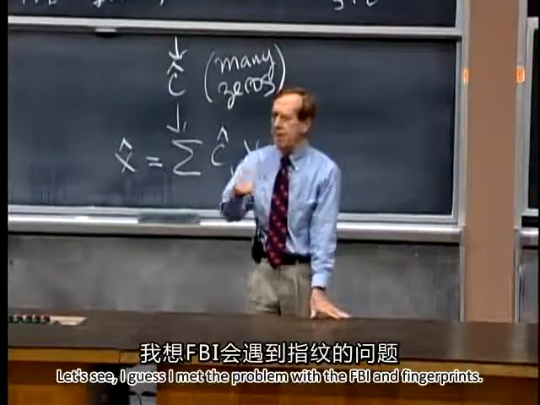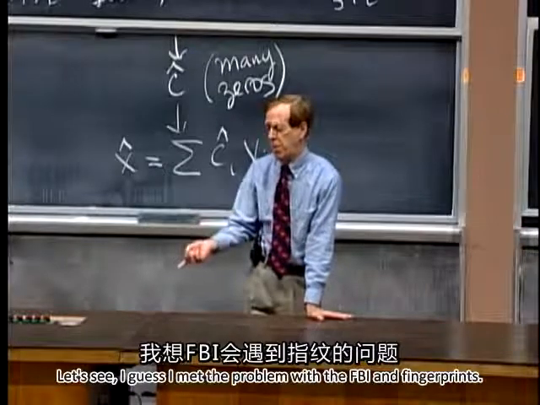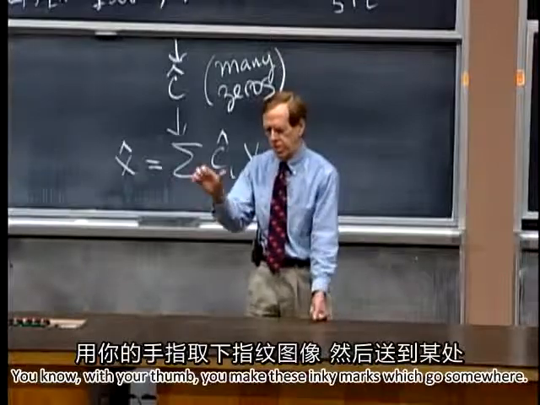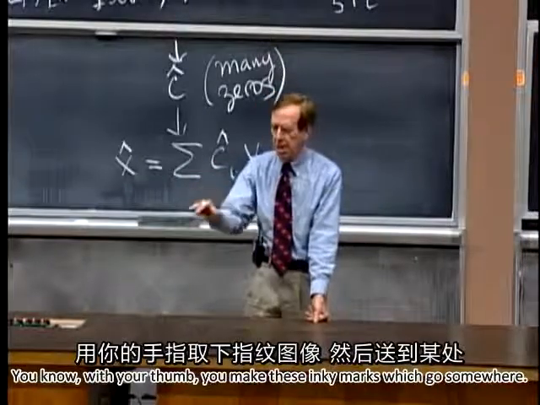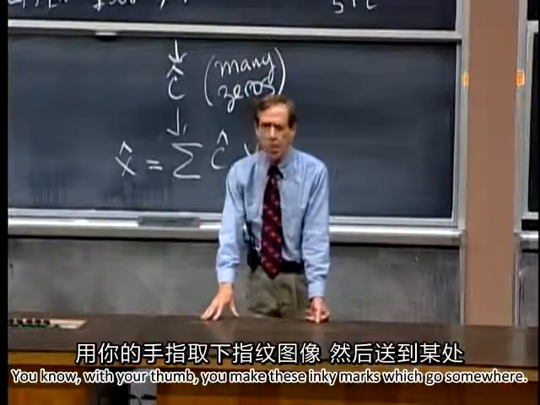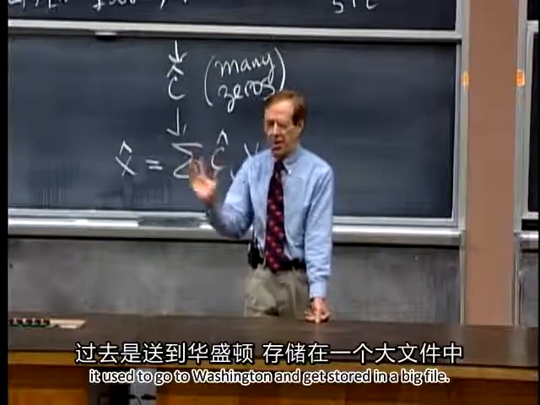Let's see, I guess I met the problem with the FBI and fingerprints. So there's a whole lot of still images. You know, with your thumb, you make these inky marks, which go somewhere. It used to go to Washington and get stored in a big file.